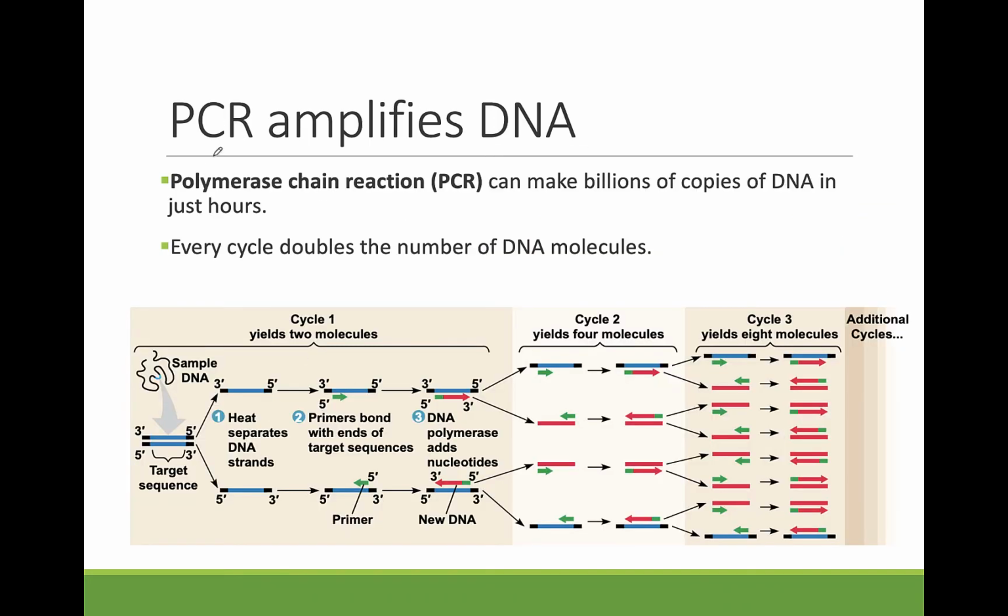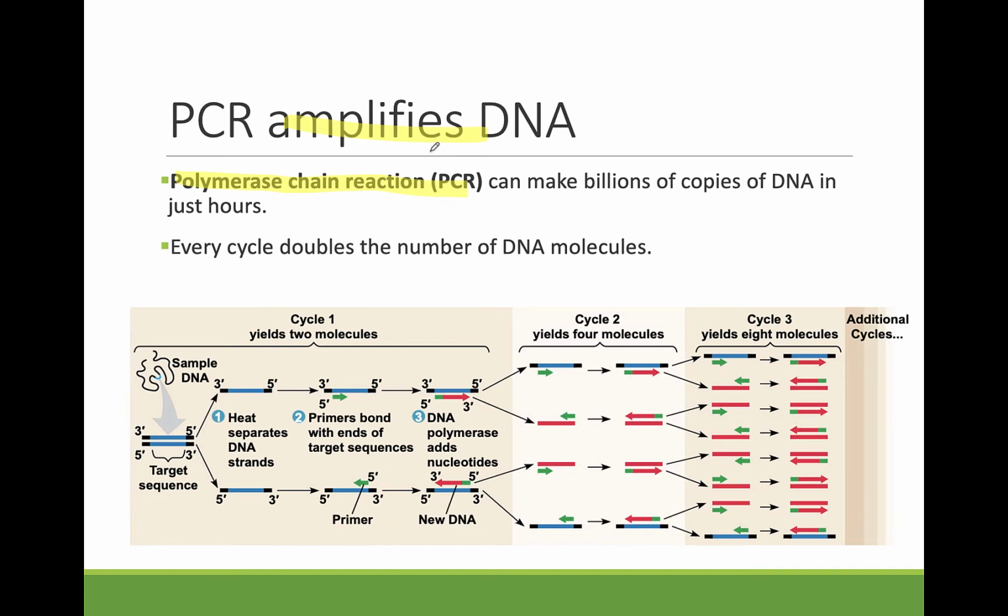The polymerase chain reaction, or PCR, is a very fast way to make billions of copies of a gene. PCR amplifies DNA, which means to make many copies. PCR is very specific and copies a targeted gene of interest that is usually very short.